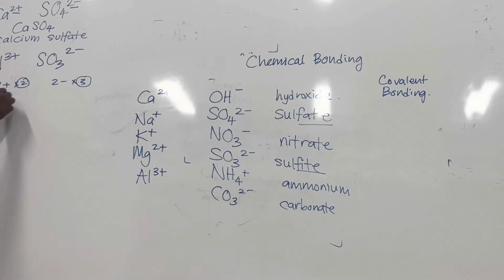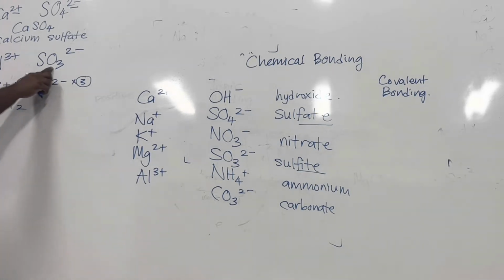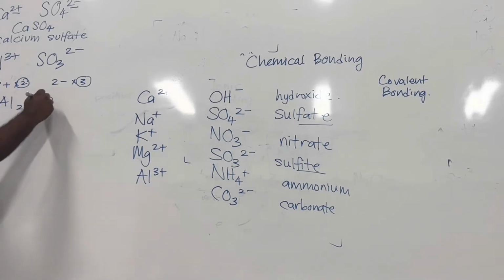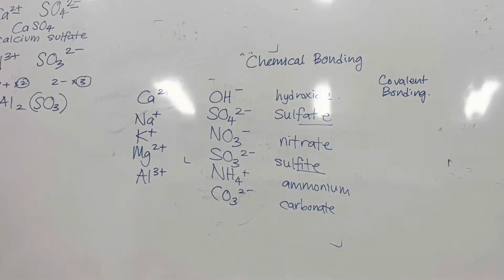So Al is one element, so you just put 2 there, no problem. This is not one element. There's sulfur, there's oxygen. You are going to multiply by 3. SO3 is more than one element, so put a bracket, and then put 3. What is the name for this? Aluminium sulfite.